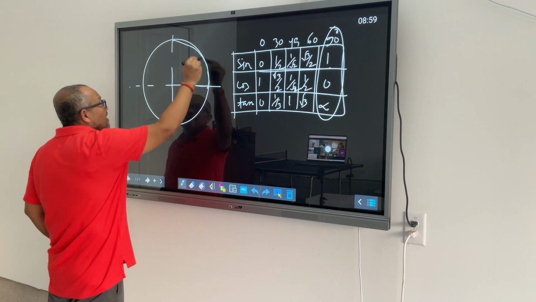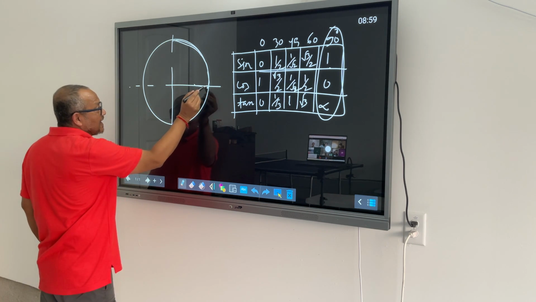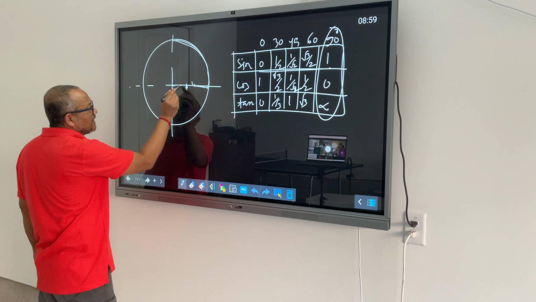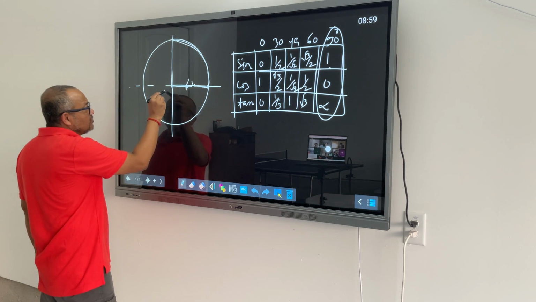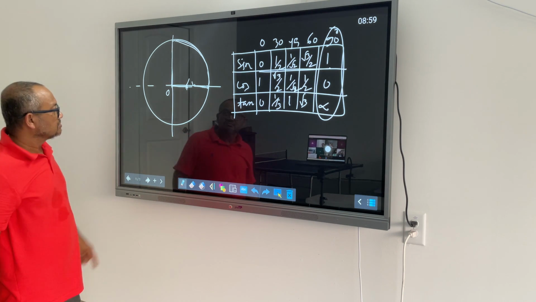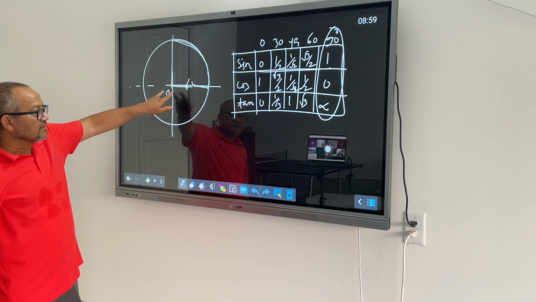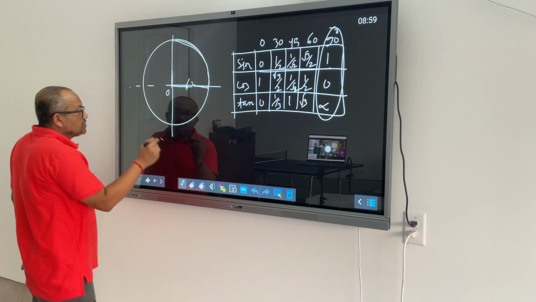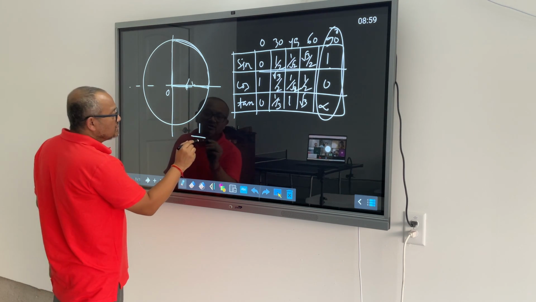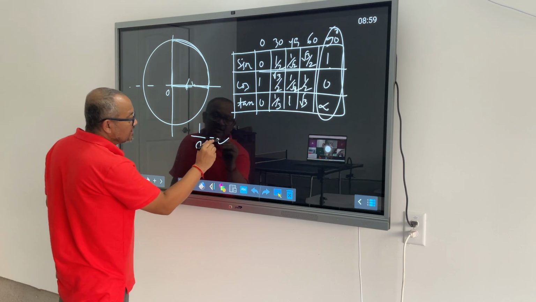So the y value is increasing, and as the angle increases, the x value is decreasing. When you come to this point, 90 degrees, your x value became 0, cosine became 0, sine became maximum. So 1 over 0 is an undefined state.